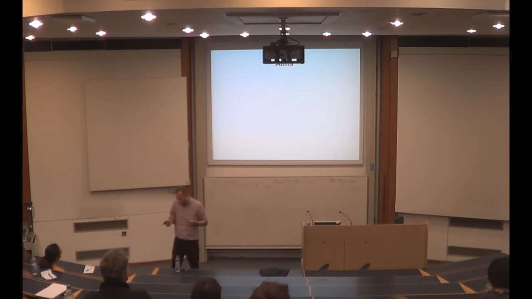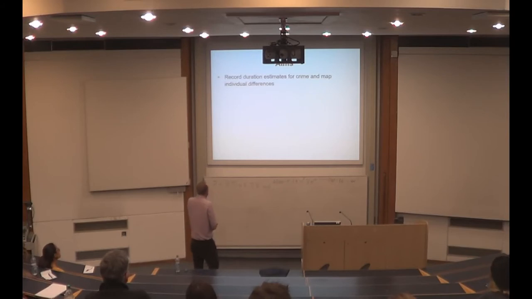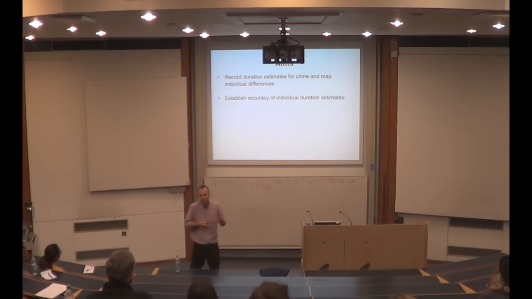So here's an interesting question. If exposure duration is so crucial to forming the initial memory strength that an eyewitness has for a perpetrator, can we get a handle on what that exposure duration might actually be? Okay? So our aim in this experiment was to record duration estimates for a staged crime and have a look at the individual differences. We then wanted to establish the accuracy of these estimates.